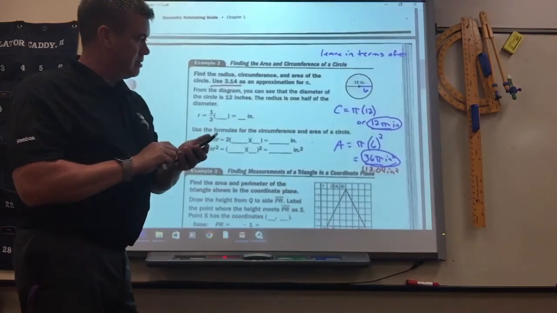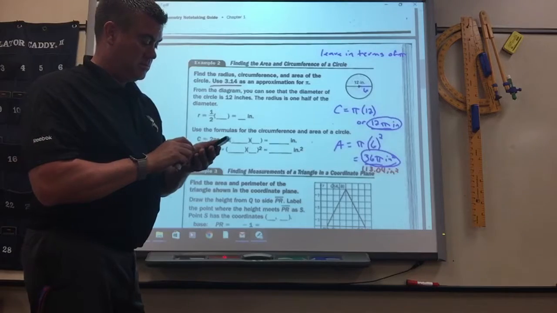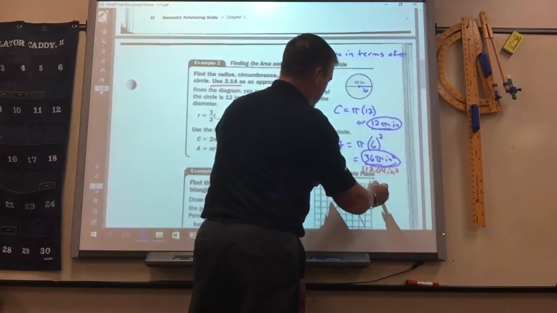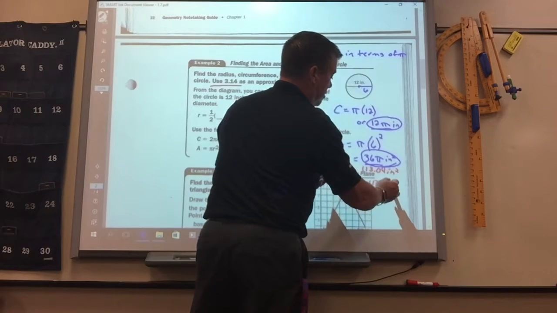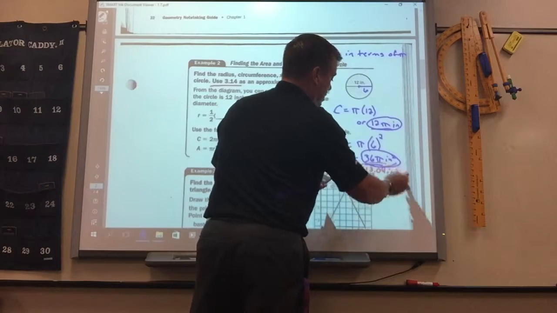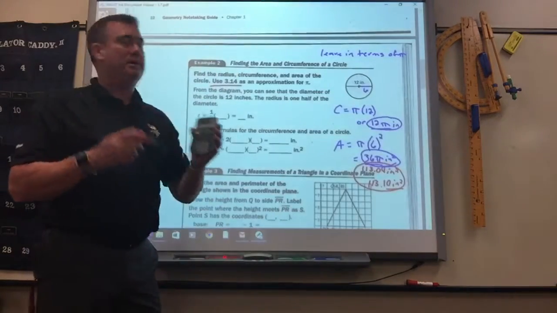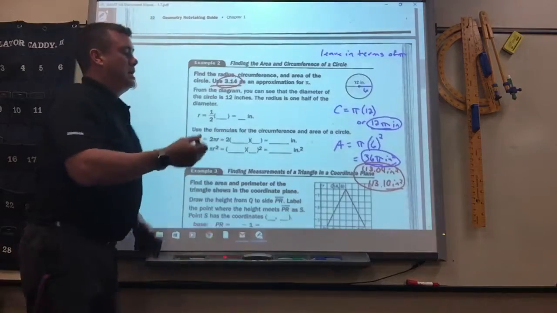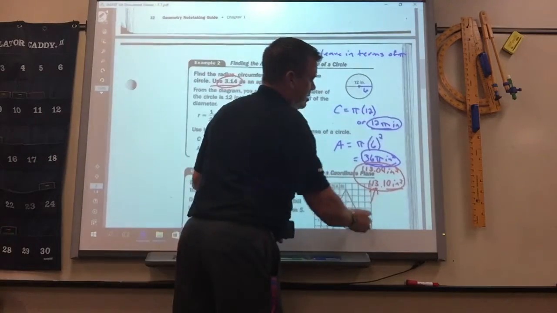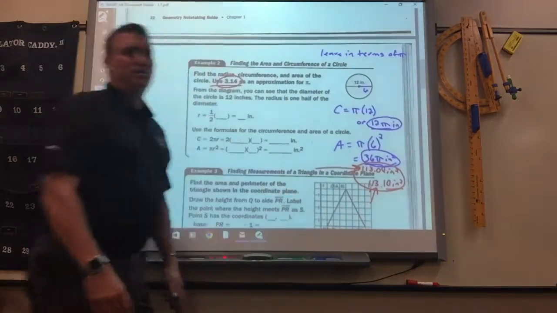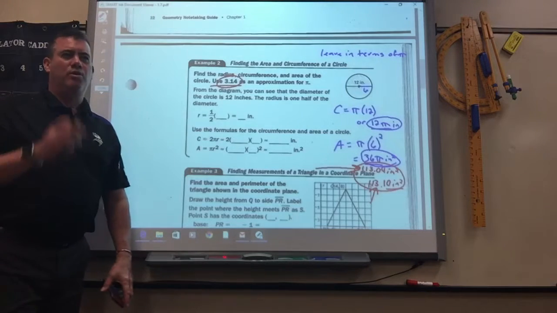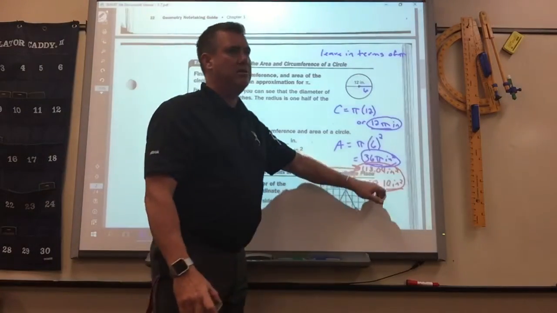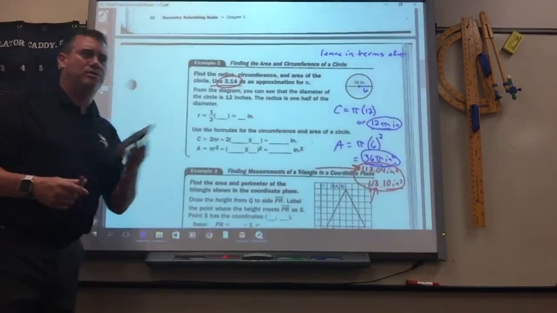If I use the pi button, I get 113.10 inches squared. You get two different numbers using the pi button and this, and the reason why is because this is rounded. So this is the more accurate one, but that's not incorrect. So when we do these, I'll tell you if your answer is within whatever, because it can vary whichever one you do.